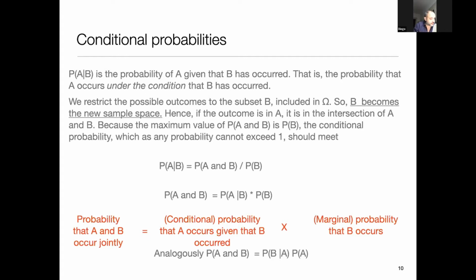P of A given B is equal to the probability of A and B divided by the probability of B, which is a normalization to the whole sample space. In this case, the whole sample space is only B because I'm talking about conditional to B.